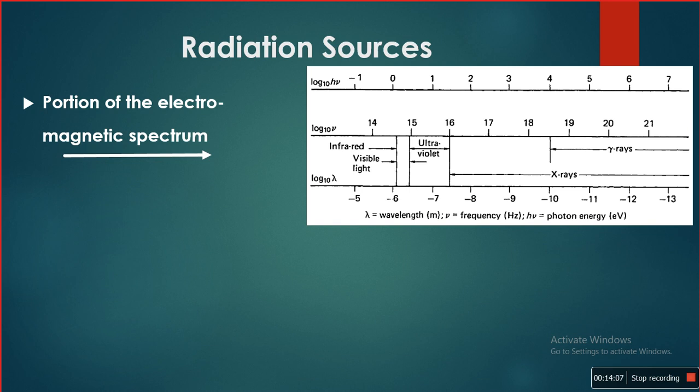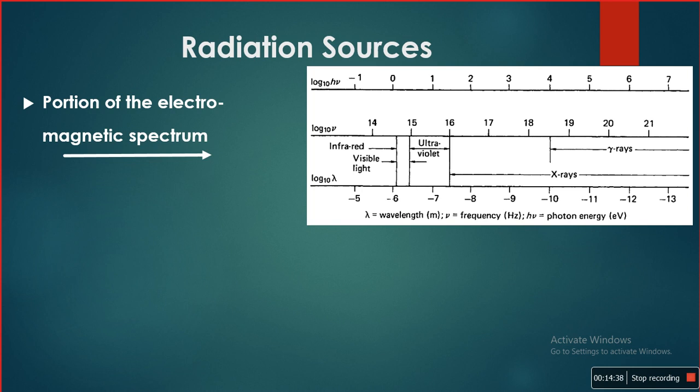The very high frequency and shorter wavelength radiations, listed as X-ray and gamma ray, are the only form of electromagnetic radiation which will penetrate solid and opaque material. If you see the diagram, this is the portion of the electromagnetic spectrum, and in that diagram three parameters are mentioned.